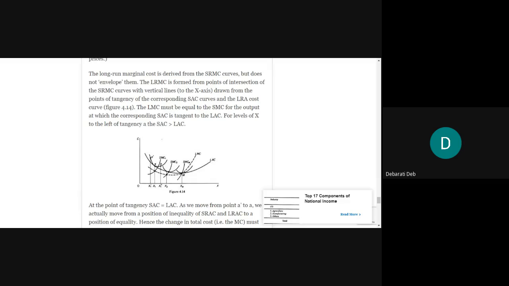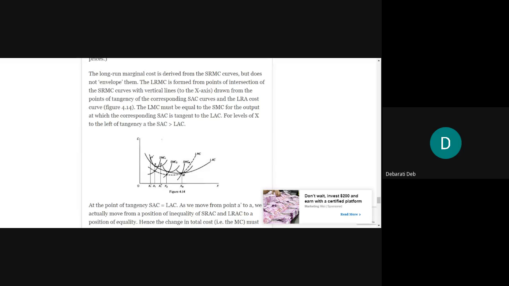So that curve will have to be drawn first, and then the long run marginal cost can be derived. But just like the long run average cost curve, this long run marginal cost curve will not envelop the short run marginal cost curves. Okay, but they will be derived from them.